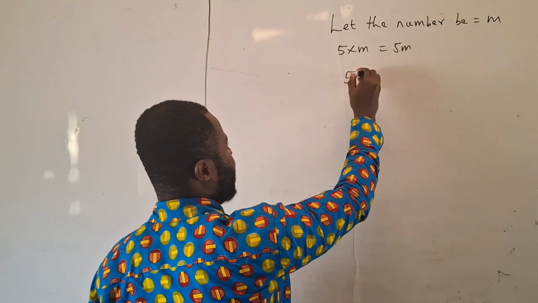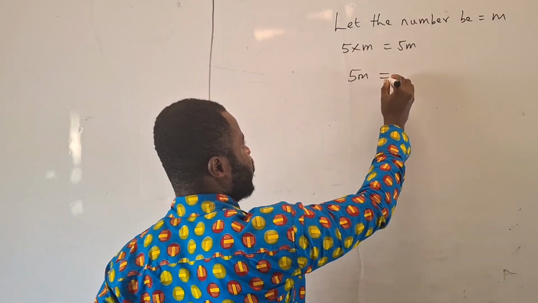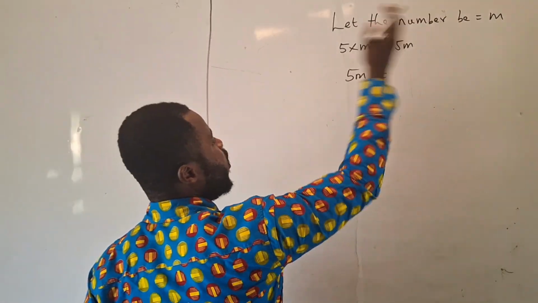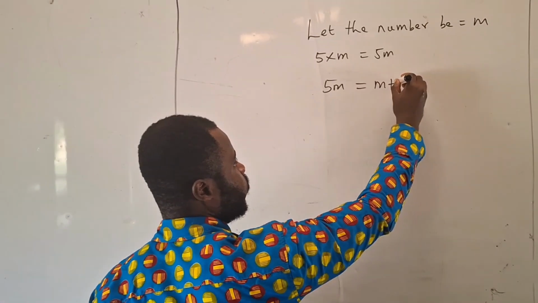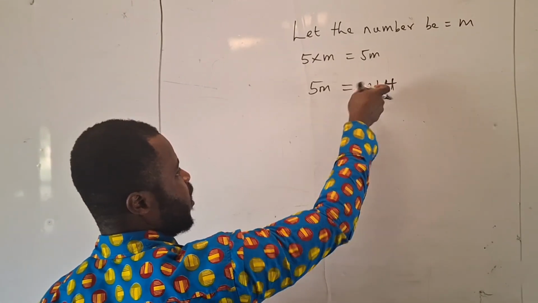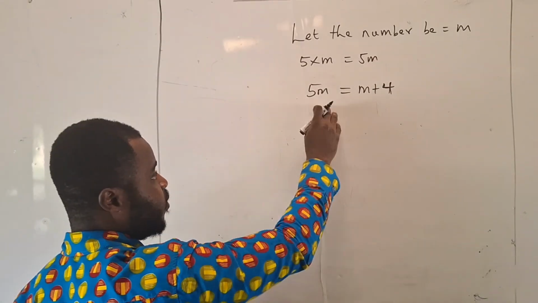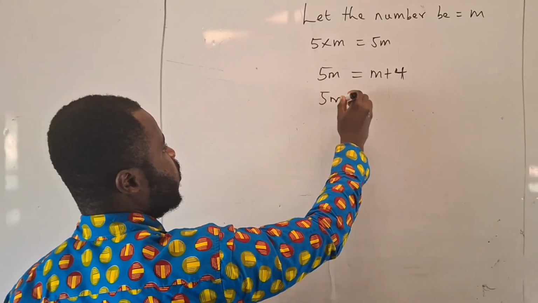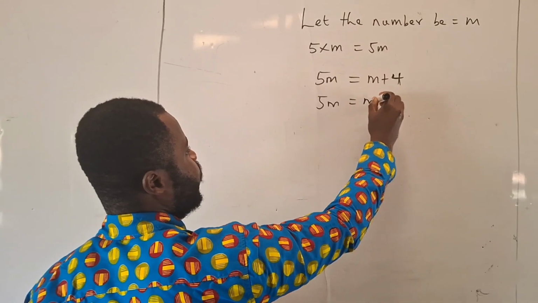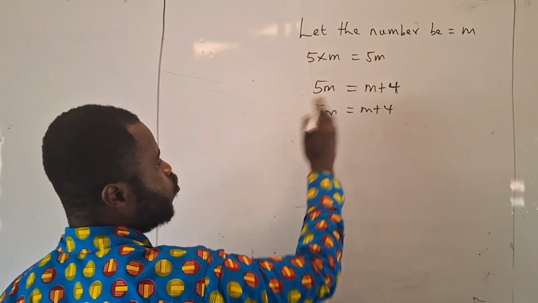So 5 times a number, which is 5m, is what? 4 more than the number. So it's m plus 4. It means 4 is more than the number we don't know. So we are going to solve it in equation terms. 5m equals m plus 4. So we are going to group like terms.